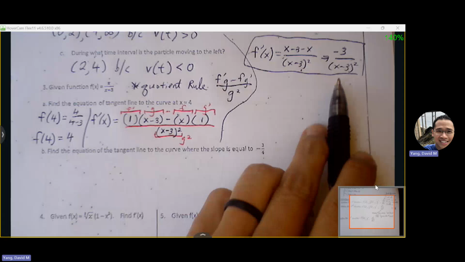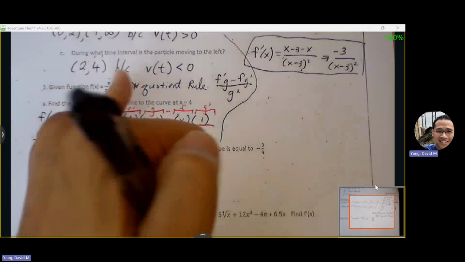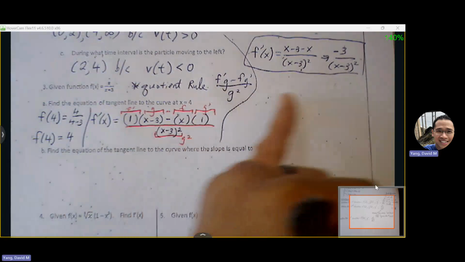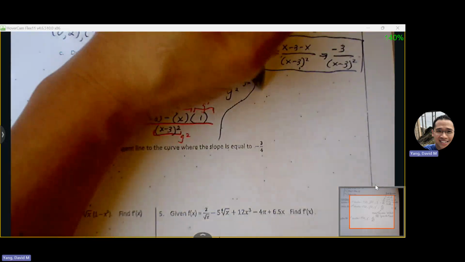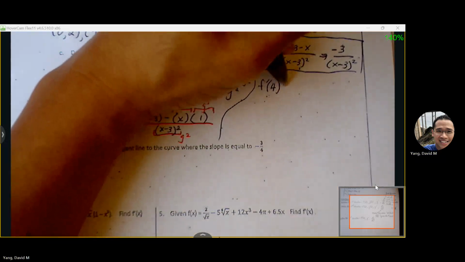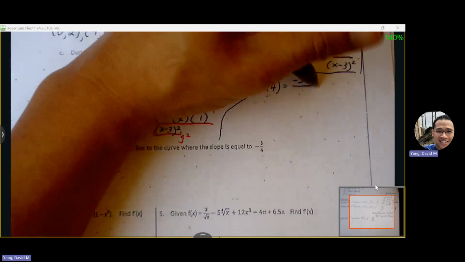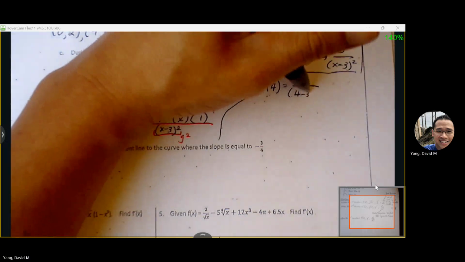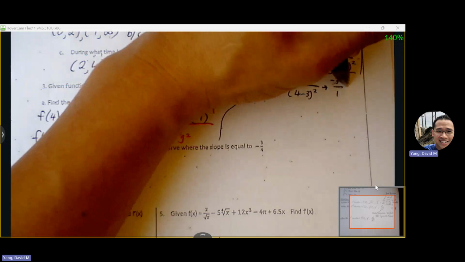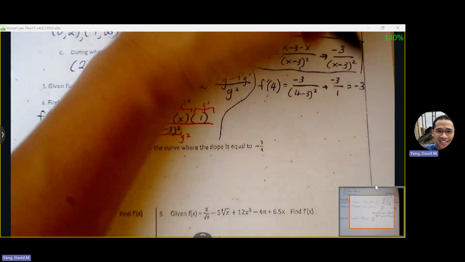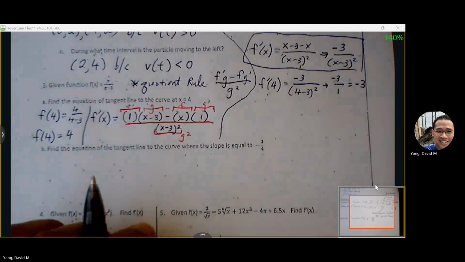This is how I'm going to get the slope of this curve at a particular point. So I can plug 4 into my slope formula to get my slope. So f prime of 4 is negative 3 over 1 squared, which is negative 3 over 1, which is negative 3.